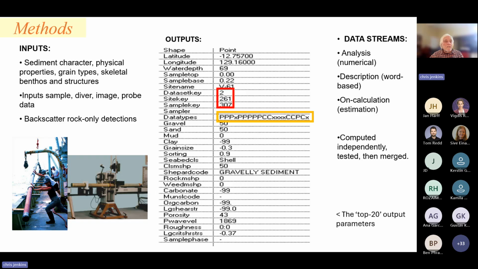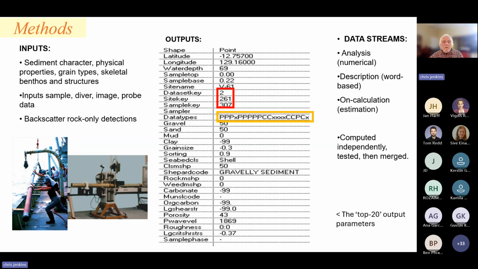So we use diver, submersible, grab, core, dredge, video. We use all those sources. We're mainly directed towards the properties of the seabed. So it's strengths, colors, compositions, and textures. So that's our orientation.